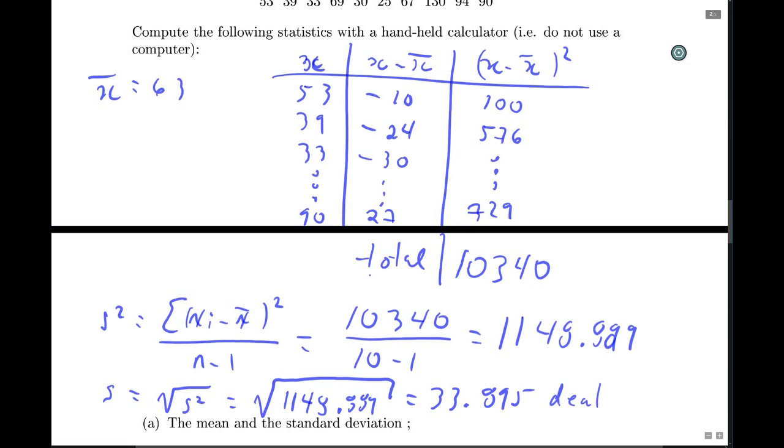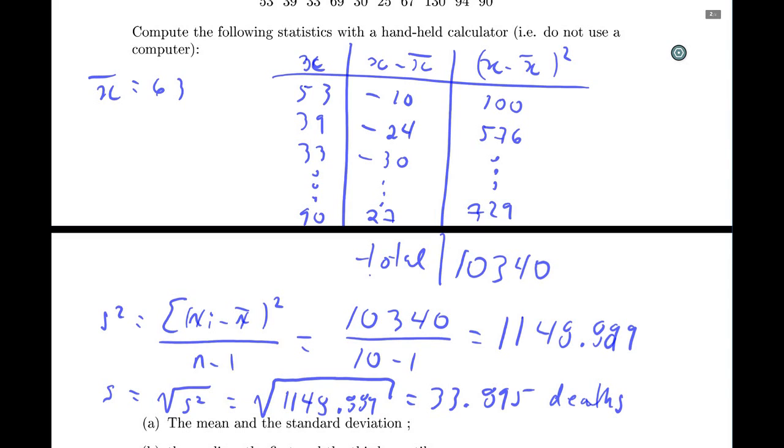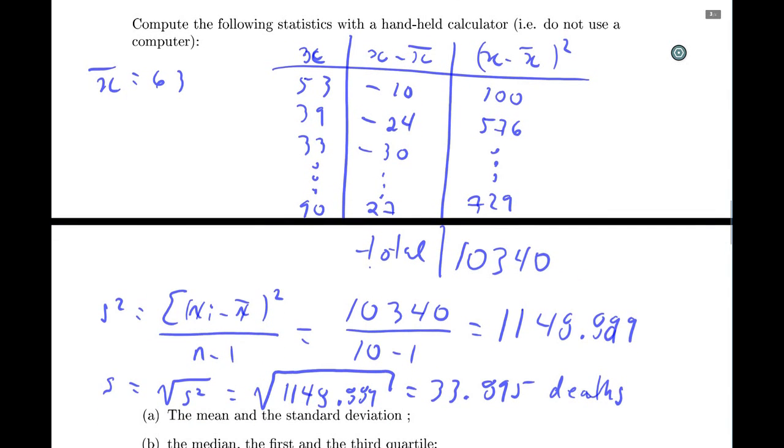Okay, and so this is in deaths. So this is a measurement of dispersion. Typically, this is the number of deaths away from the mean. So it gives us some sense of how dispersed these values are. Okay, so this is your sample standard deviation.